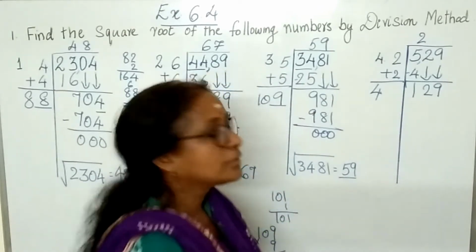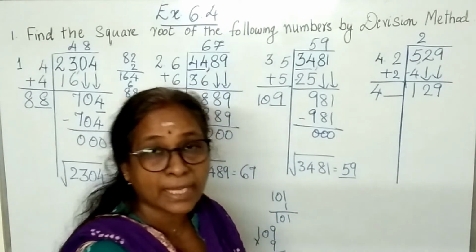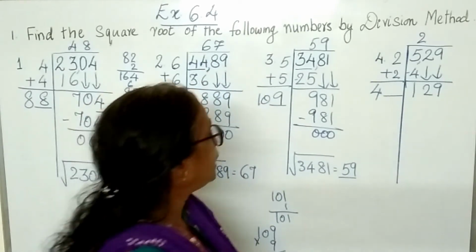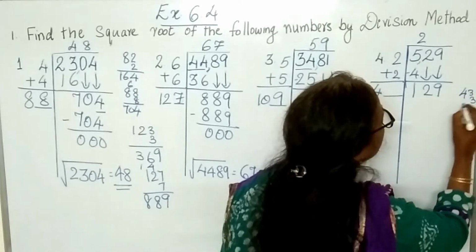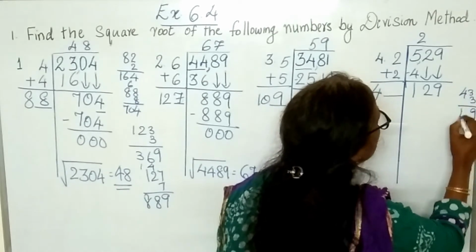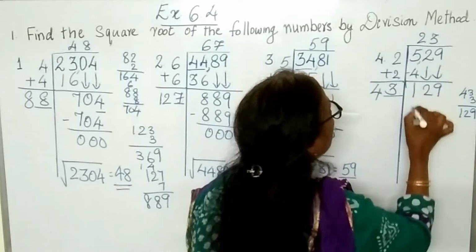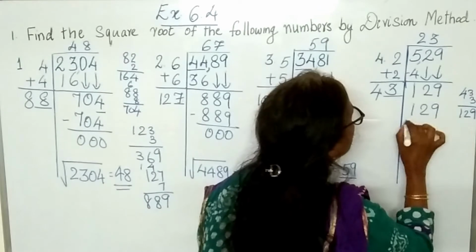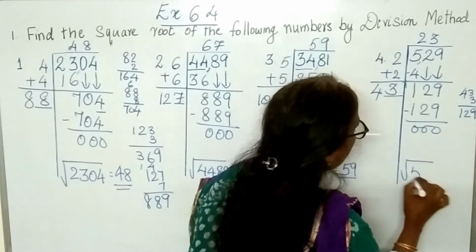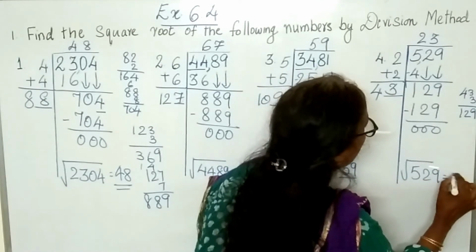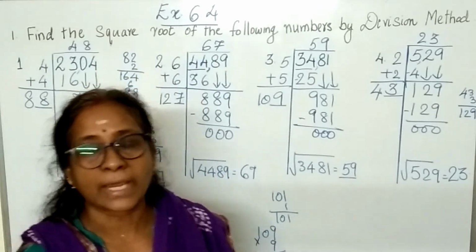Now see, what is the chance of getting numbers here? 3 3s are 9 or 7 7s are 49. So let us try 43 multiplied by 3. 3 3s are 9, 3 4s are 12. So we got it already. The square root of 529 is 23.